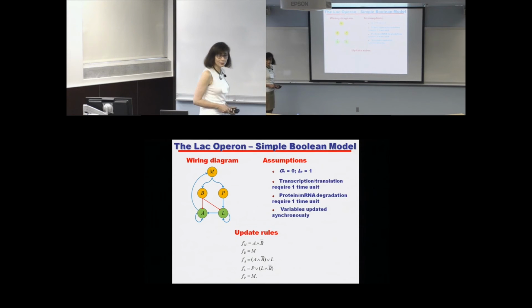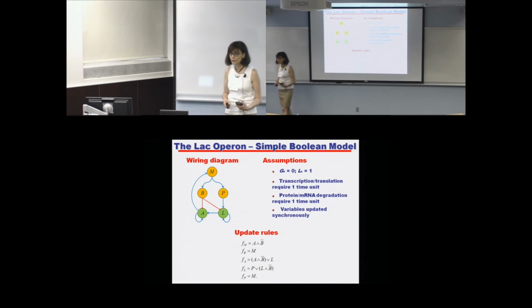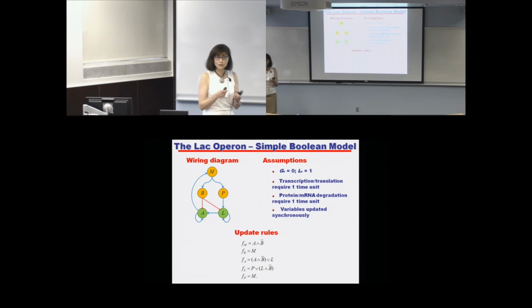All right, so what are the update rules? And this is where it gets really nice, because you're doing modeling without really much mathematics. As long as your students have understood the biology, you can really restate the biology in terms of Boolean rules. So here's how it goes.